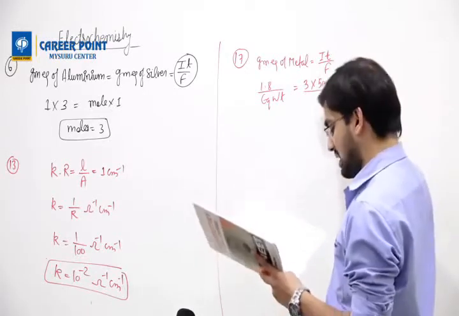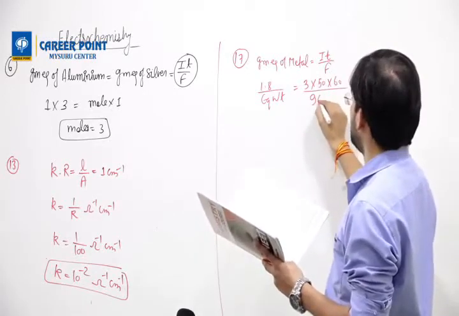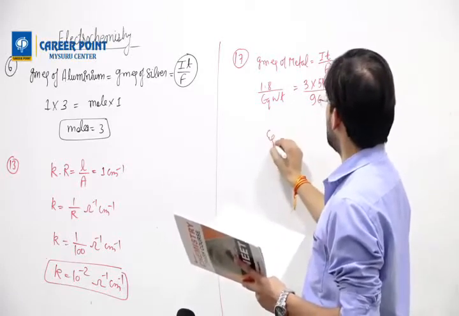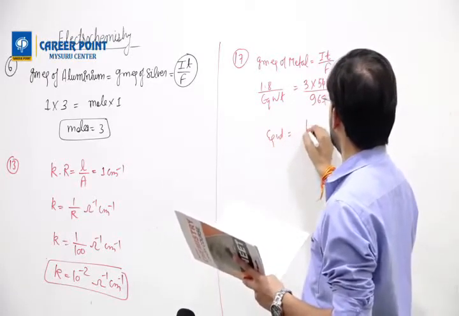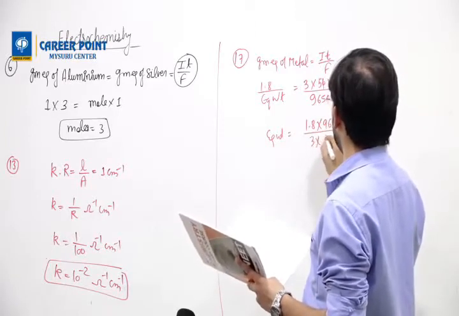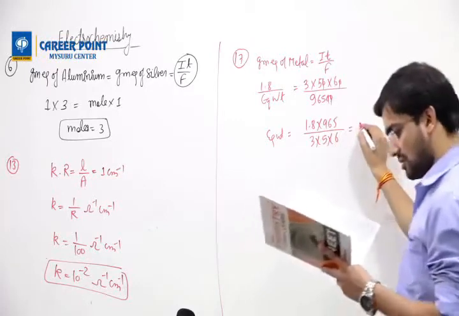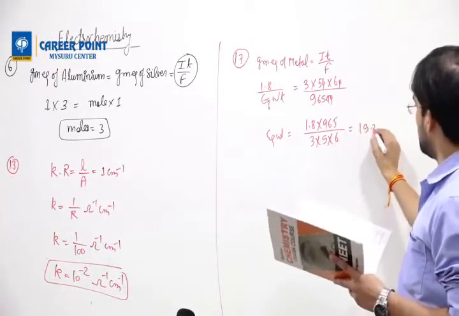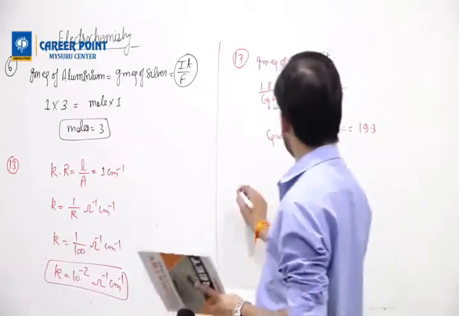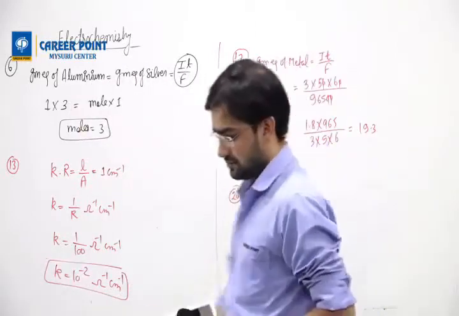So this is 15 into 60 divided by 96500. 20 gets cancelled. So equivalent weight is equal to how much? 1.8 into 965 by 3 into 5 into 6. On solving we will get 90.3.